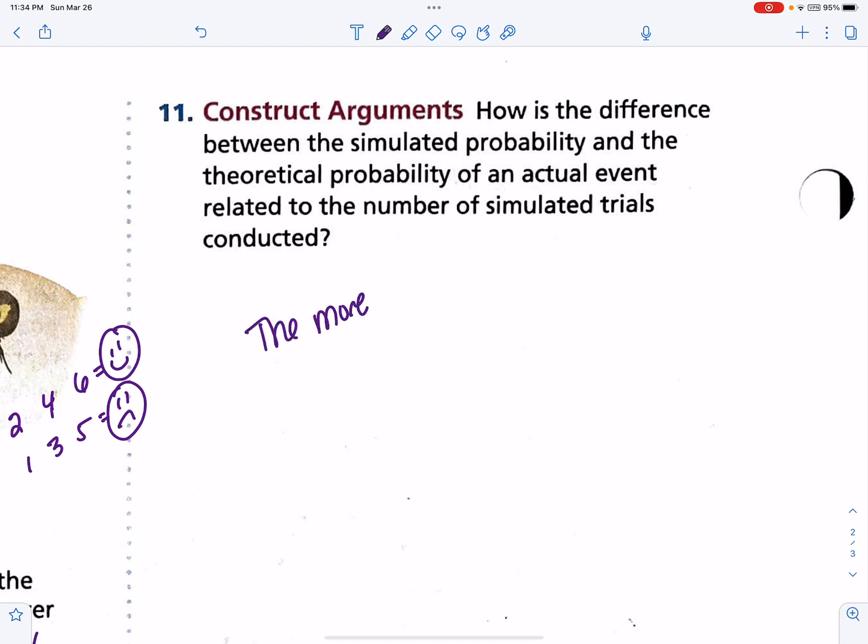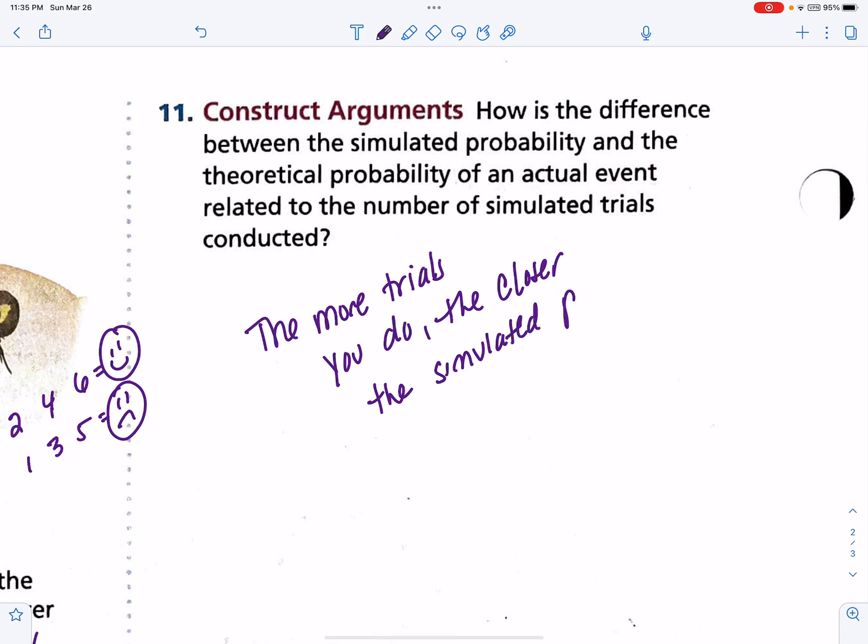The more trials you do, the closer the simulated probability will be to the theoretical probability.